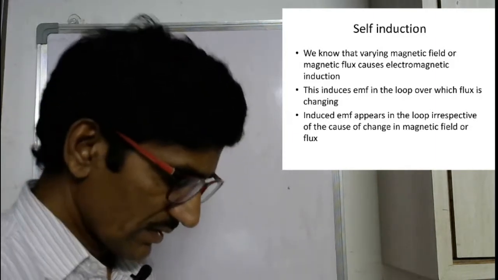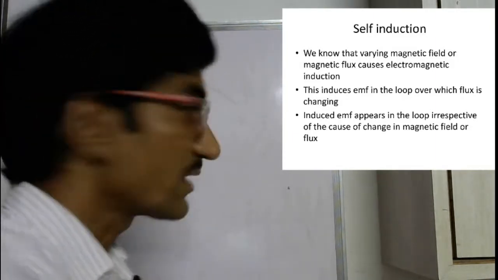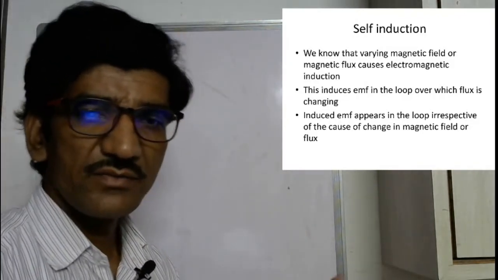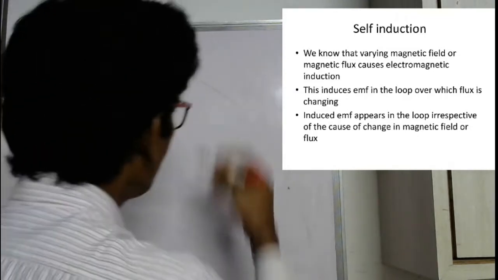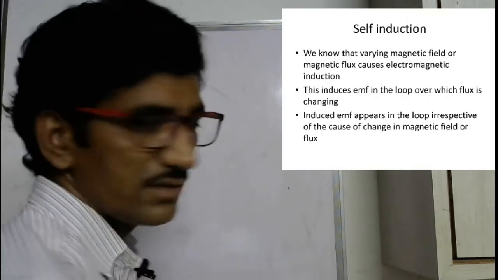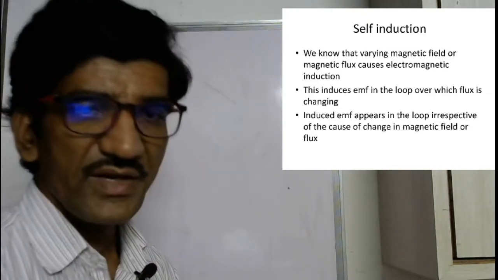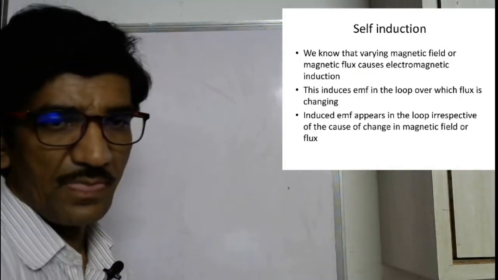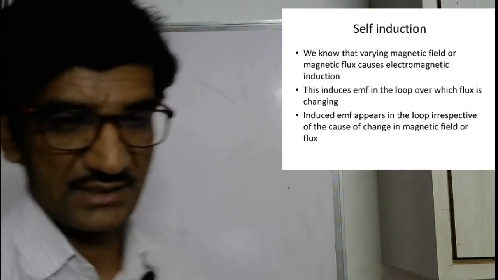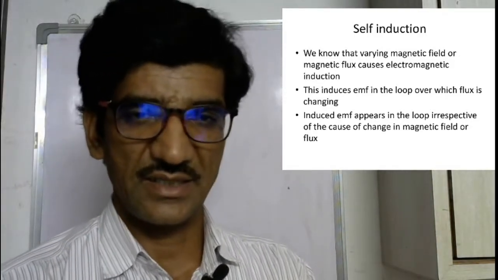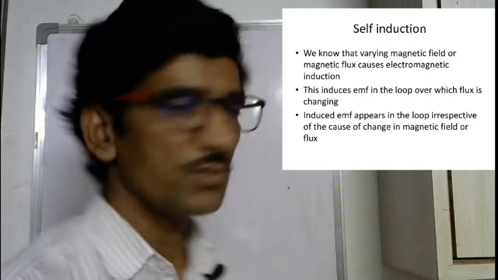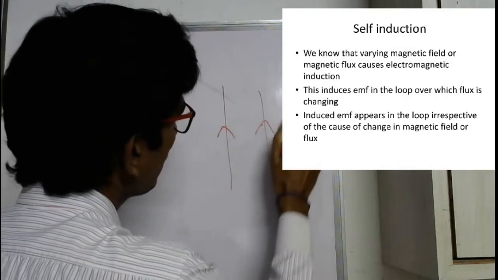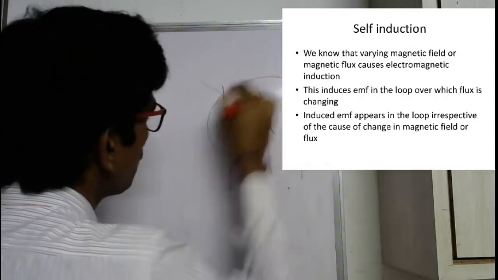In the previous lecture we discussed electromagnetic induction. There you have a varying magnetic field, and in that varying magnetic field you are placing a conducting loop. Previously you have no current in that conducting loop; you are just placing the loop in the varying magnetic field.